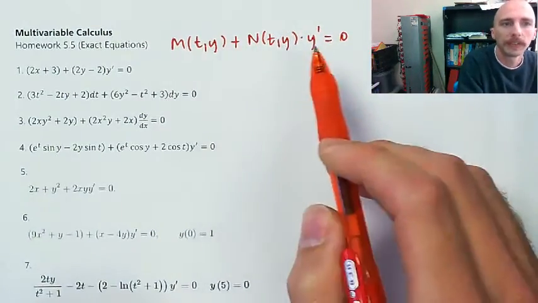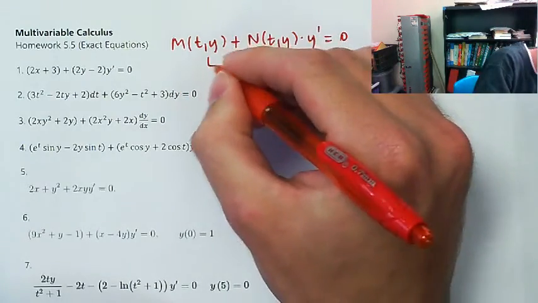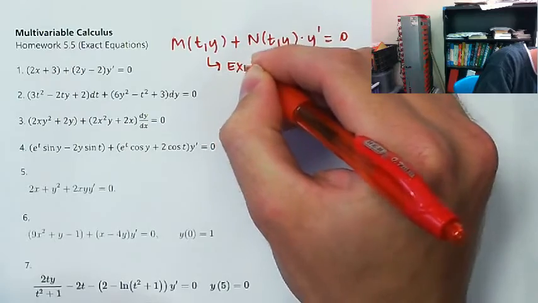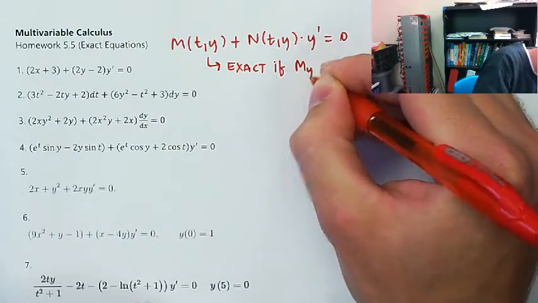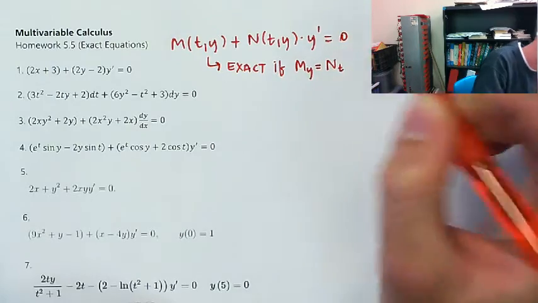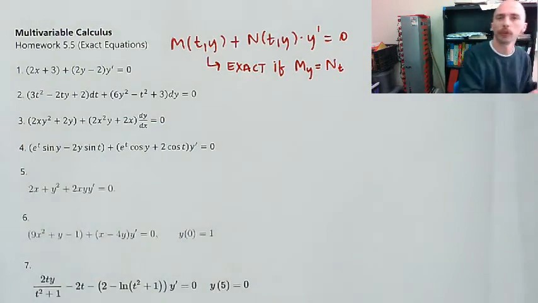This will be exact if M_y equals N_t. Hopefully all of these are exact, and we'll be able to solve them using the same technique that I showed you earlier.